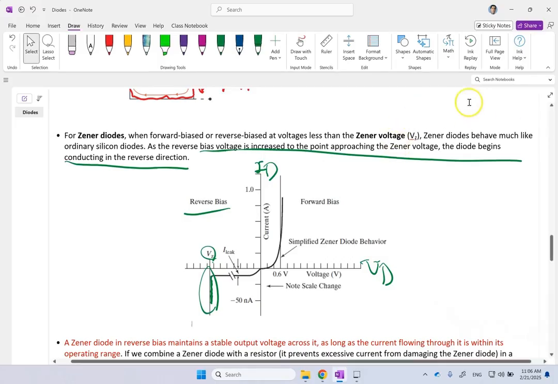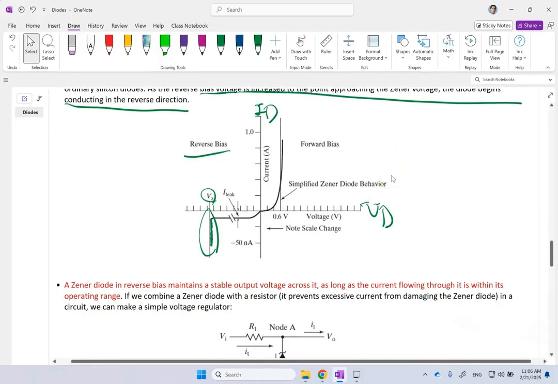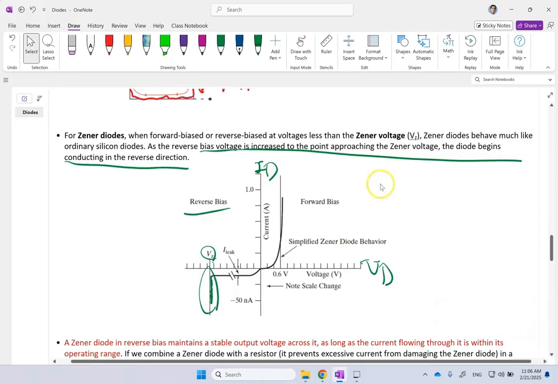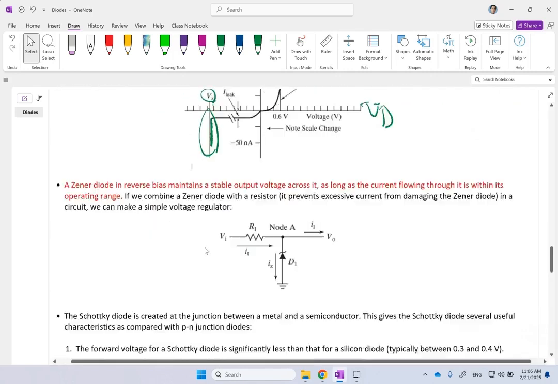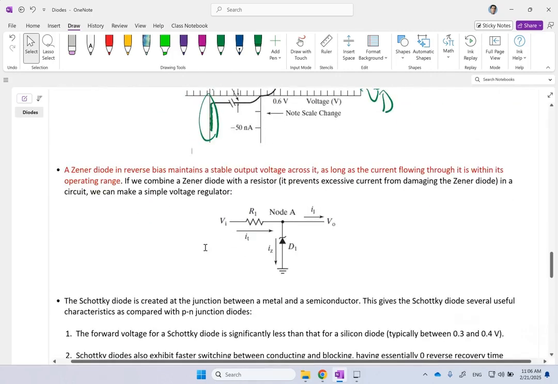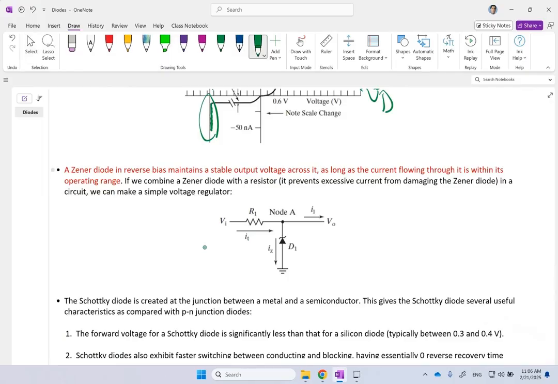Now, what is good about it? What's so important? Why would you want to run a diode in the reverse bias at more than so much voltage? Remember, the data sheet showed 100, 200, 1000 volts. What's the use of that? Well, one application is because in the reverse region, as you just saw, the Zener diode keeps an almost constant voltage.